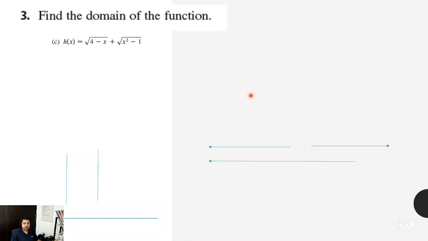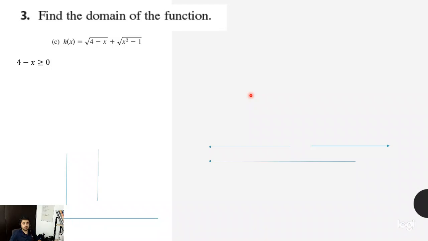Which numbers can you multiply and get minus 4? It's not possible. So for this reason it is not determined in the real numbers. So what we're going to do is establish the set of numbers that cannot be used, or x cannot take those numbers and you cannot replace them into these functions.